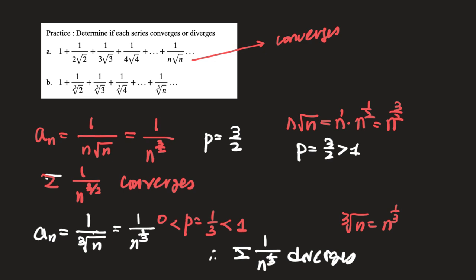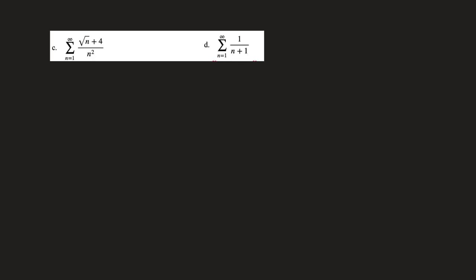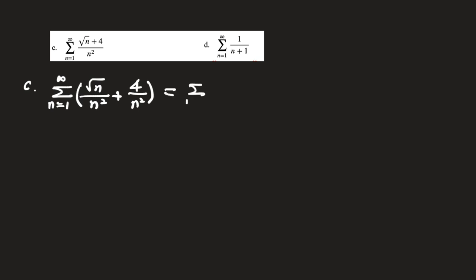Let's do more practice. How about this series? It doesn't look similar to the previous examples. First, what you have to do is this little trick. Look at this one: summation n equals 1 to infinity of (square root n plus 4) over n squared. Then you're going to split it into two series: summation of square root n over n squared plus summation of 4 over n squared.